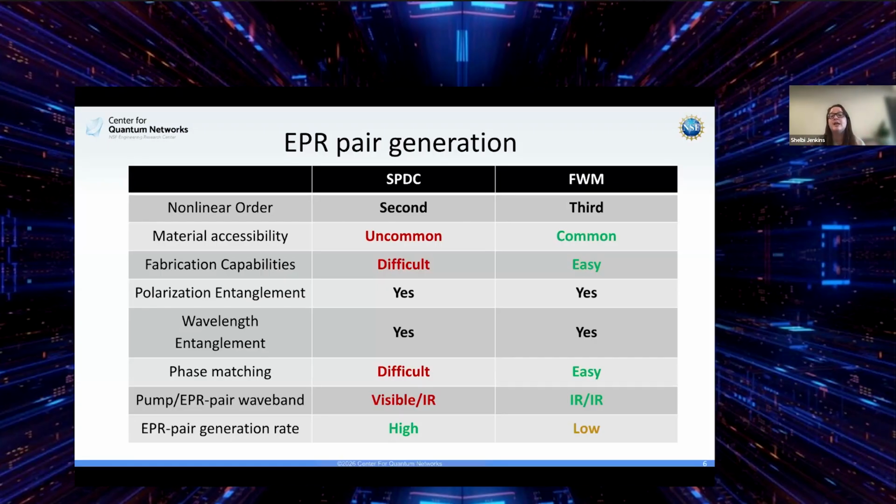Additionally, when we're talking about fabricating devices out of these, the materials for second order, since they're crystalline, are not very malleable, they're harder to fabricate, and they don't adhere very well. But if you can use any type of material, fabricating with them becomes a lot easier. Like I said, both of these can generate polarization and wavelength entanglement between the photon pairs.